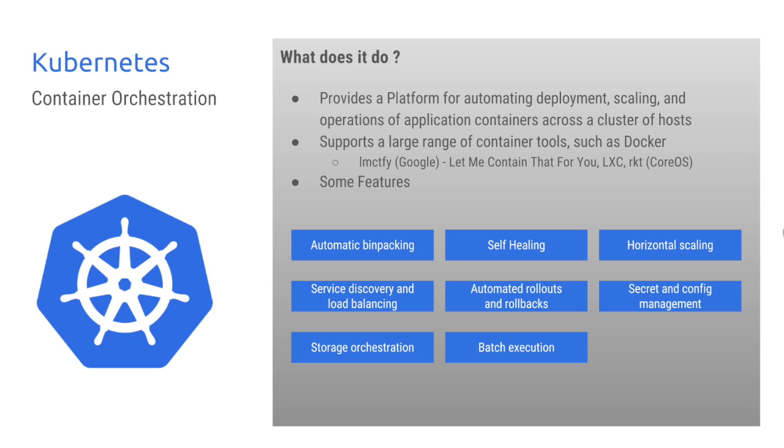There's self-healing. Self-healing will restart any container that fails. You can define your own health checks. If a container is failing one of those health checks, then it will automatically reschedule that container.